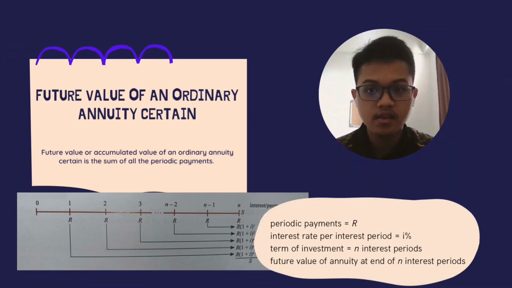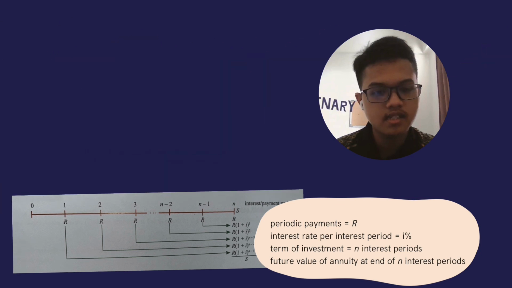In this annuity, we have the future value of ordinary annuity certain. The future value or accumulated value of an ordinary annuity certain is the sum of all the periodic payments. Periodic payment equals R, interest rate per interest period equals I%, term of investment equals N interest periods, and S is the future value of the annuity at the end of the N interest period.